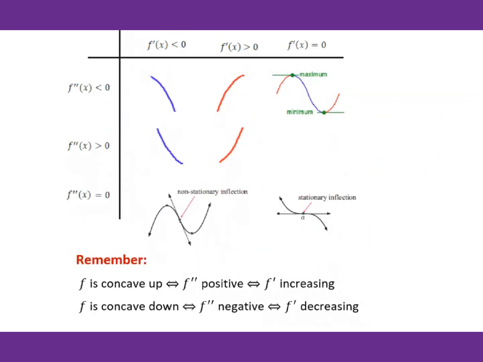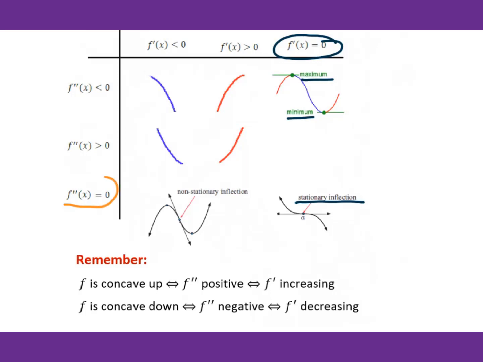For this chart, we can add the first derivative equal to 0. When the first derivative equals 0, this x could be a maximum or minimum point, or it could be a stationary inflection point.